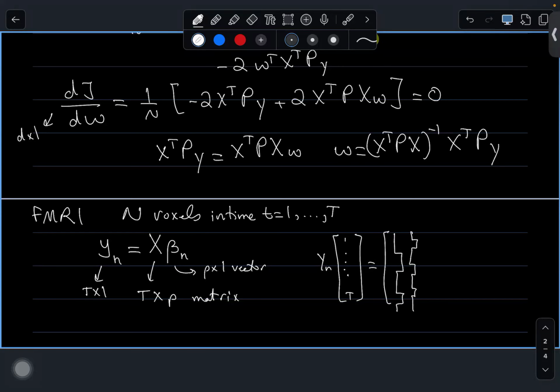And so this is a boxcar that I'm drawing in time. And then maybe you have some other variable that was doing this, and so forth. This is called your design matrix and is of size T, the number of data points you took, times P, the number of parameters that you're trying to fit. So you're trying to figure out how these voxels that I measured are related to this, times this unknown, which is my beta, which is a P by 1.